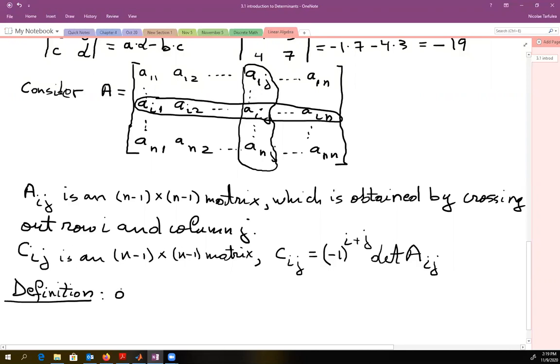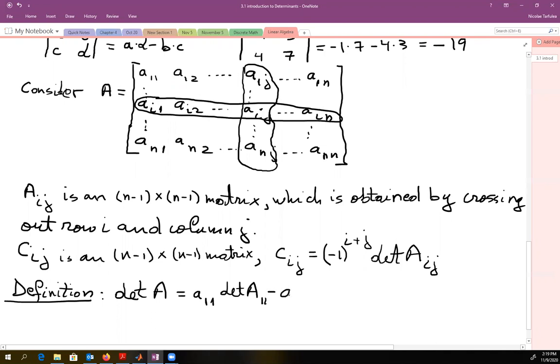So the determinant of our matrix A, by using the notation above, is just the first entry, A11, times the determinant of A11. I'm going to give concrete numerical examples to understand this.